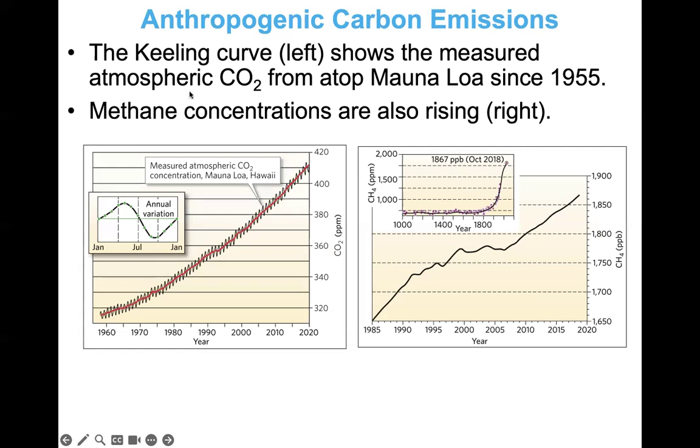So the Keeling curve shows the measured atmospheric CO2 from Mauna Loa since 1955. You can see again that here we have an increase in CO2 with the fluctuation up and down caused by seasons, because the photosynthesis changes along the year.